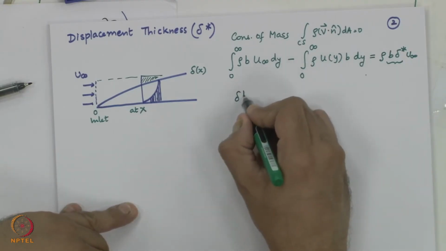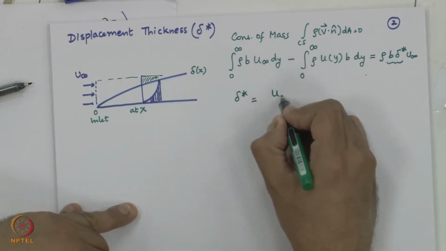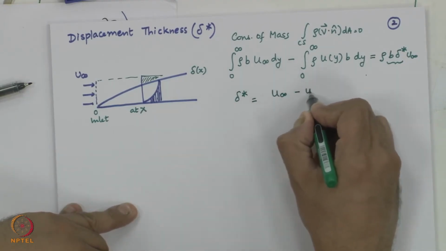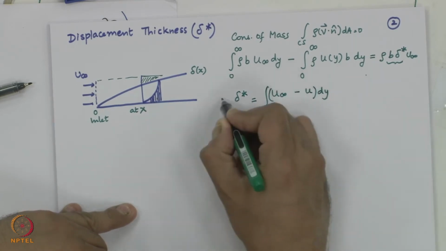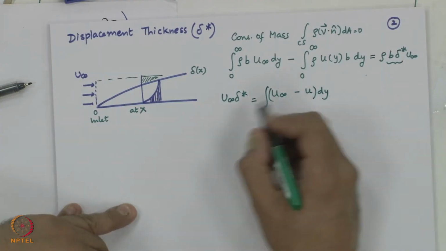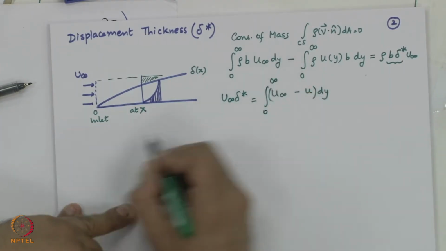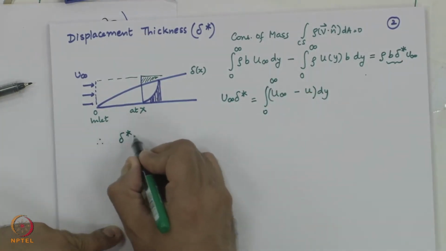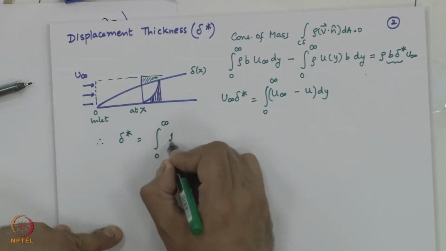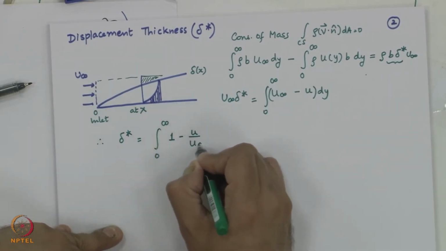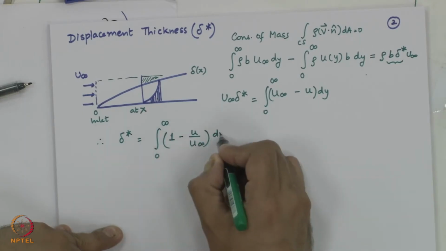I am left with delta star is equal to integral 0 to infinity of u infinity minus u dy, divided by u infinity. Therefore, delta star by definition is integral 0 to infinity of 1 minus u by u infinity dy.